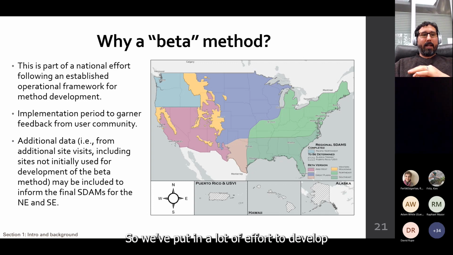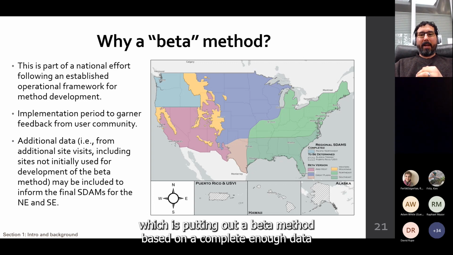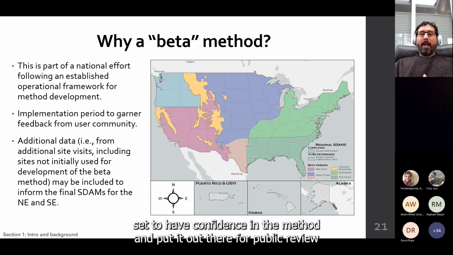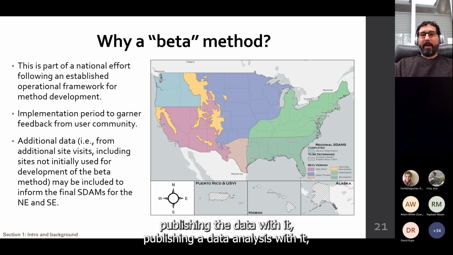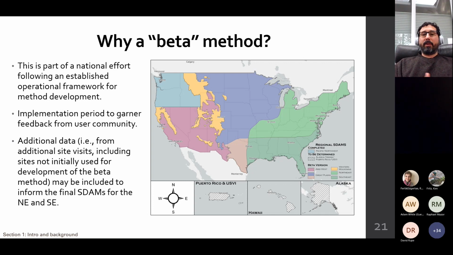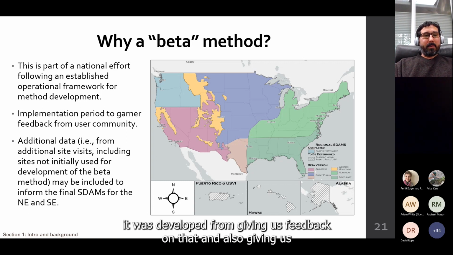So we've put in a lot of effort to develop this beta method, but it's going to follow the plan we have for developing all the SDAMs across the country, which is putting out a beta method based on a complete enough data set to have confidence in the method, and put it out there for public review and use for an implementation period to garner feedback, both on the method, publishing the data with it, publishing the data analysis with it, so folks can use it and understand how it was developed and see the data it was developed from.